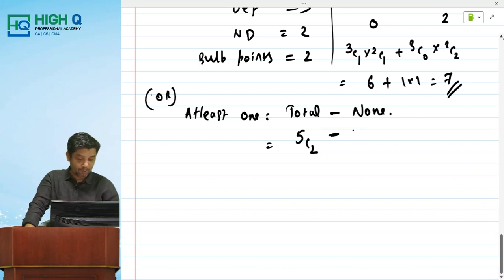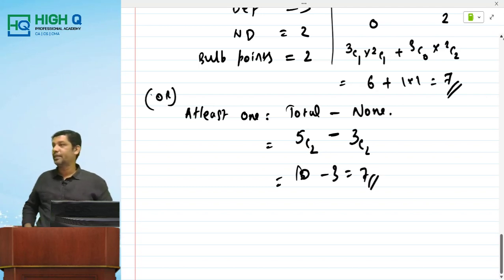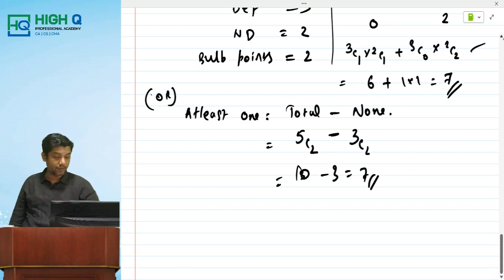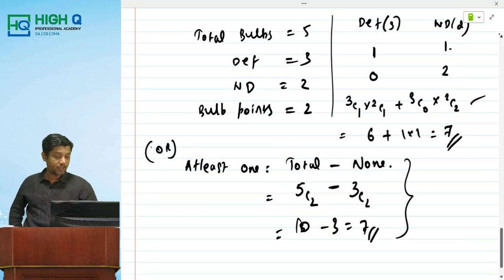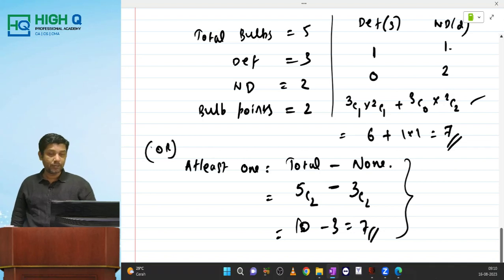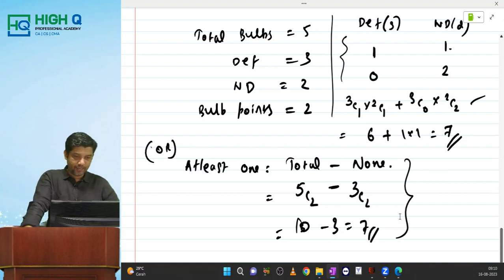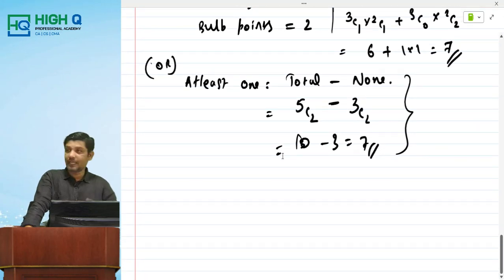So, how many defective bulbs? 3. 2 to be selected. 5C2 is 10, minus 3 is equal to 7. In both ways we can do it, either this way or that way. This is like a hack, you could say, but logically it is correct. Fine, but I want you to remember the second part also.